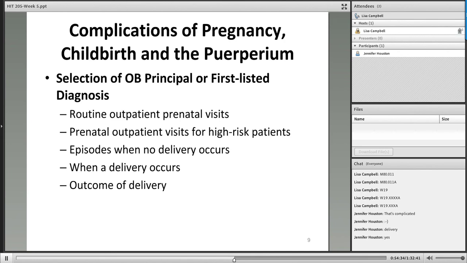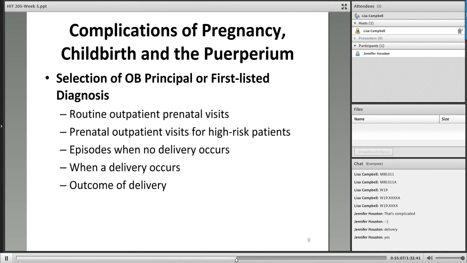And I made one mistake that I just told you guys I need to correct. On the day of delivery, we do identify the Z3A code for the weeks of gestation. That was a mistake. So on the day of delivery, so pregnancy, childbirth, and delivery, we do use Z3A to show how many weeks the patient is. So if a patient is delivering today, you're going to have two Z codes.